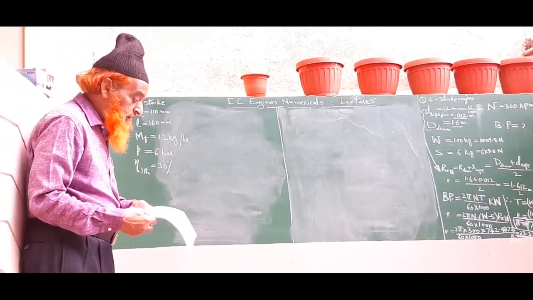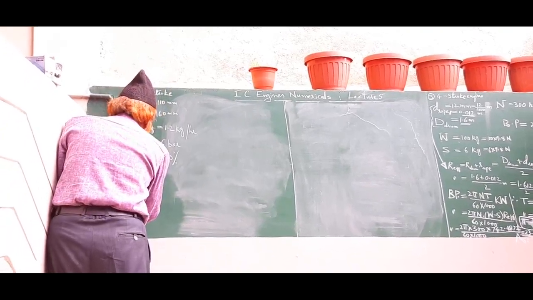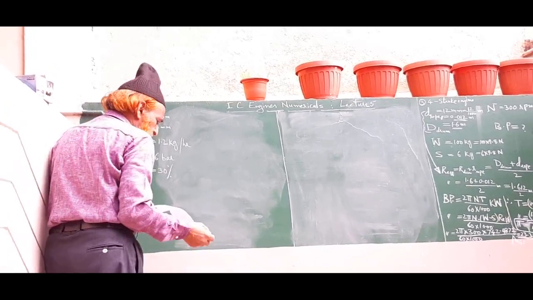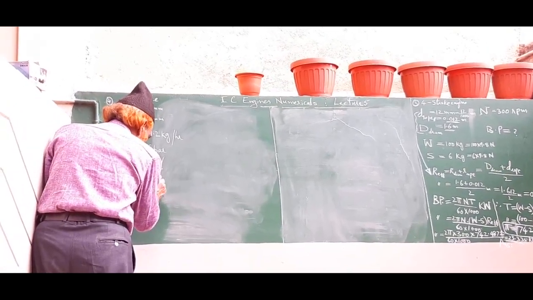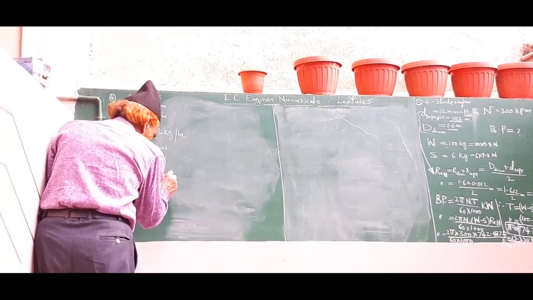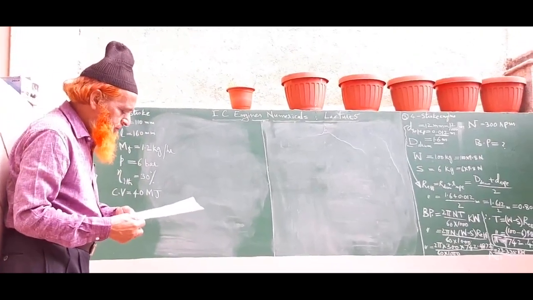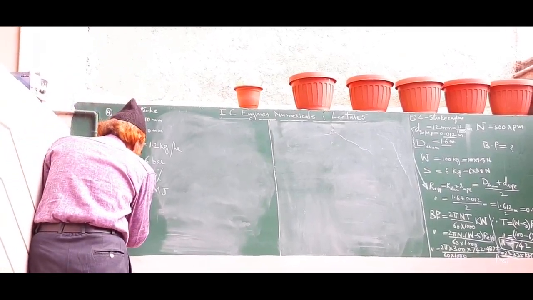The calorific value of the fuel is given, 40 megajoule. Find the indicated power. How much is IP?